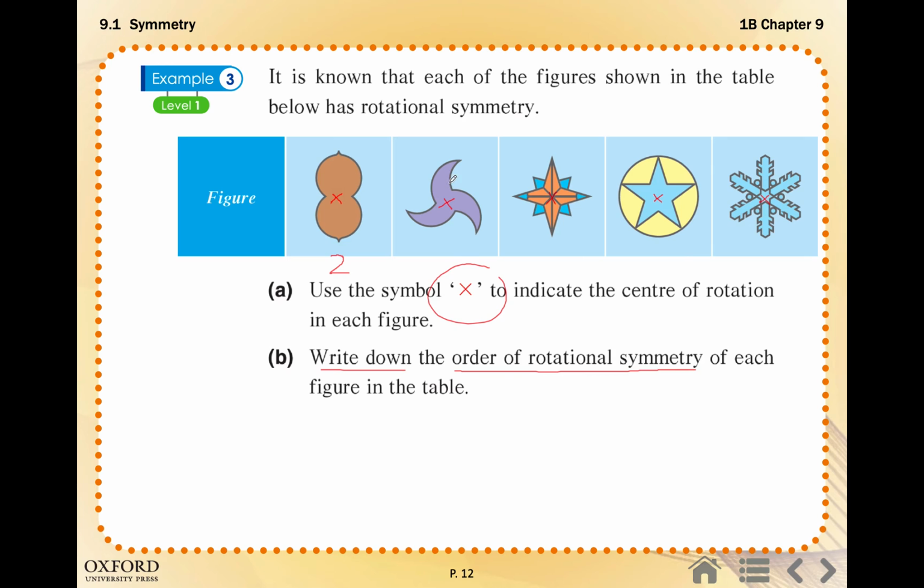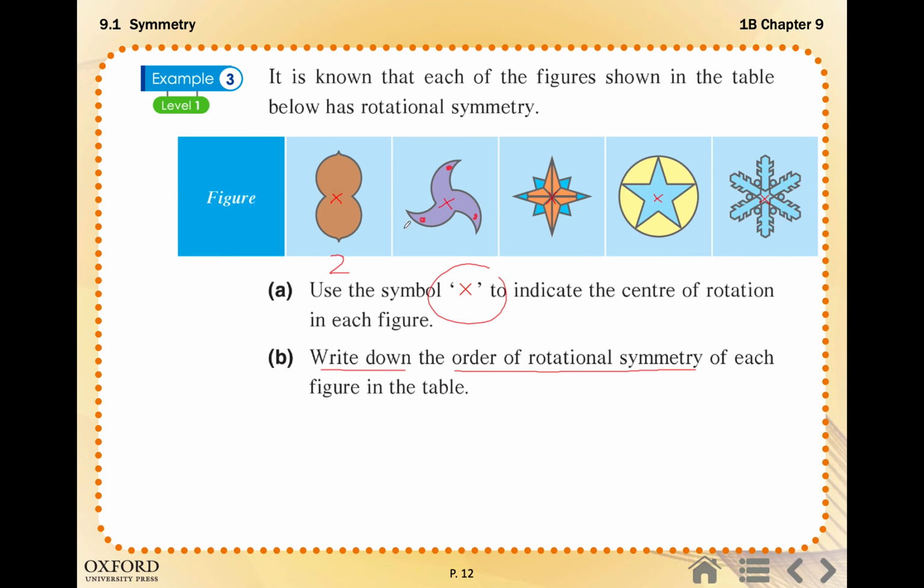And then for this figure, it's also easy. When you look at the figure, for example, you may mark a dot here. When you rotate the figure up to here, the dot comes to here, and then further to here.